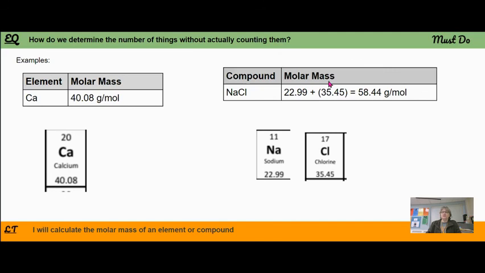Then we add those 2 together, and we get 58.44. Remember, we're always going to go out to that second decimal. And then we write grams per mole. That means that there are 58.44 grams in 1 mole of sodium chloride. So you should be able to calculate the molar mass of an element or a compound.